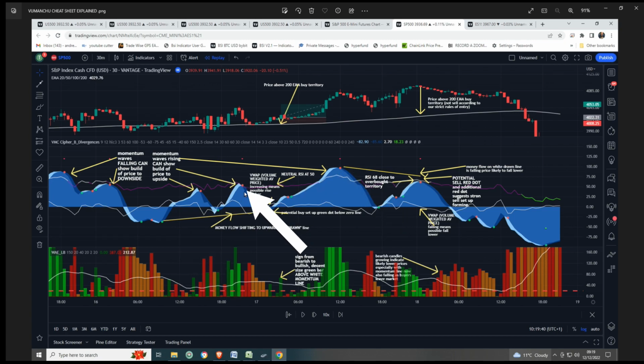Now the red dots would normally indicate there's a possible sell opportunity, but let's start from over here. It does say momentum waves falling can show build of price to the downside, and we saw that here where we had the momentum wave slowing down on this side and then slowing and moving downward this side, and it corresponded with price action moving down.